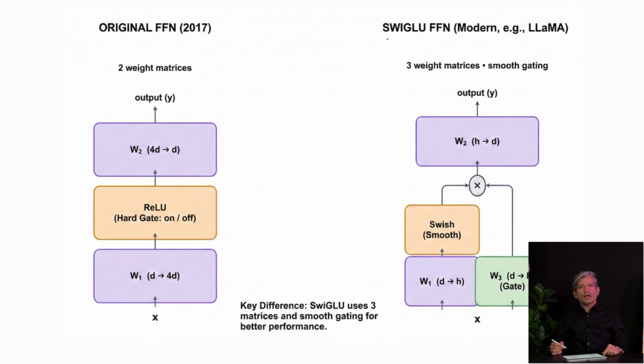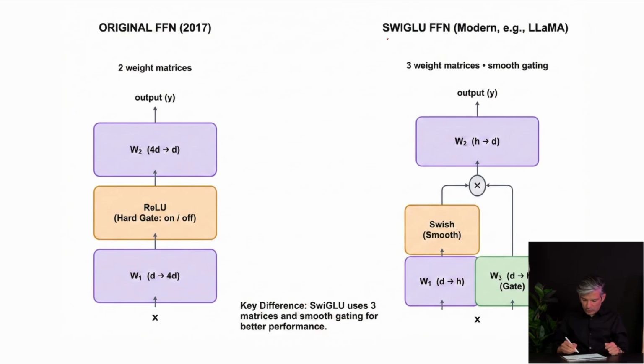So this is what we were doing in the beginning. Or let's say you go from 512 to 2048, which I think is what people usually do, and then back to 512.